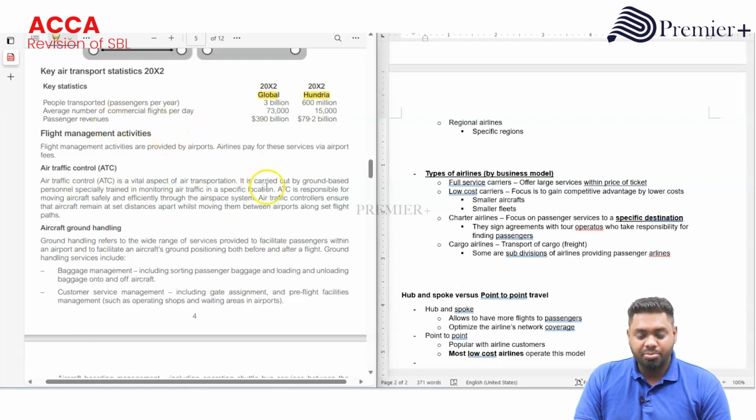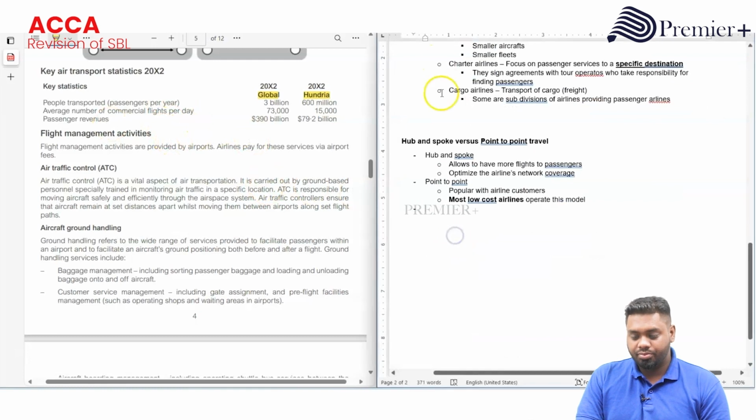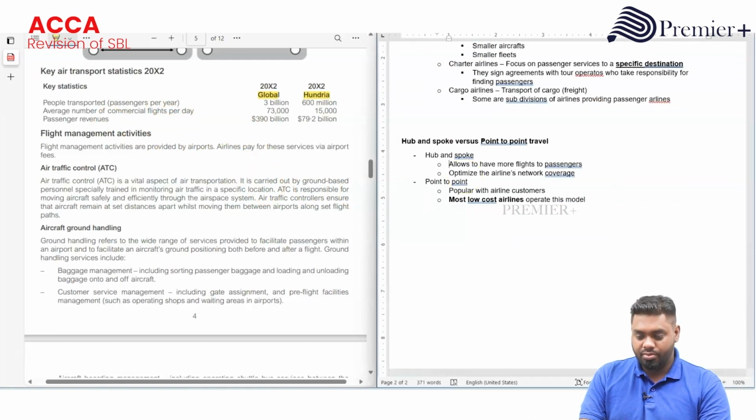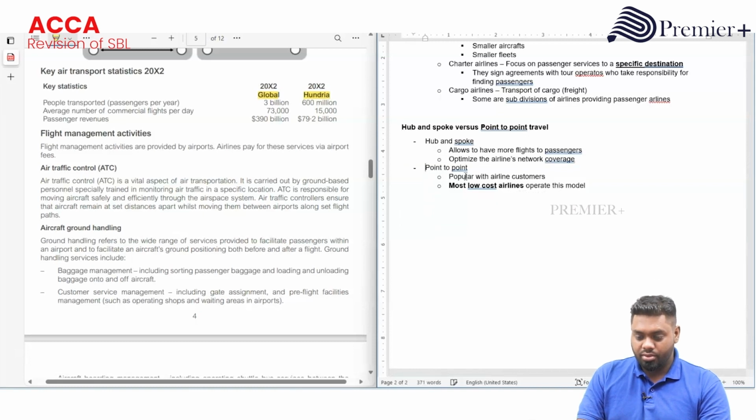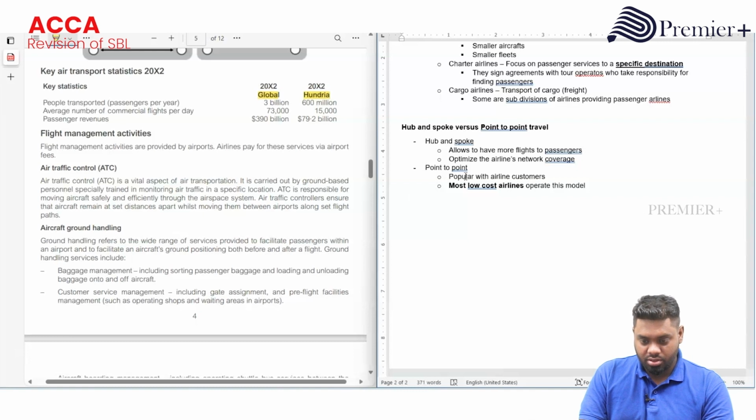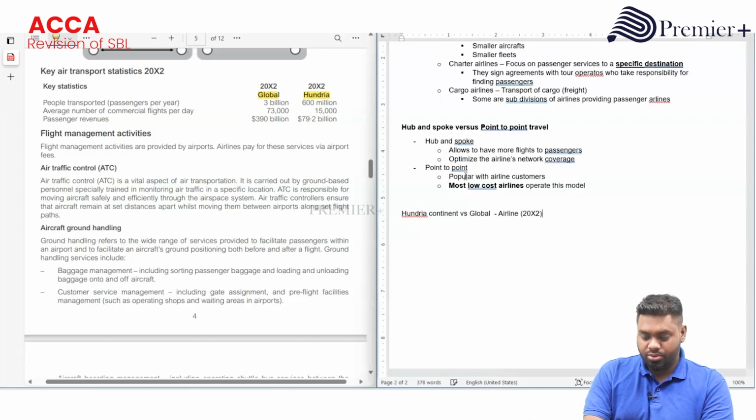Next, flight management activities. If you look at that particular aspect, Hungarian continent versus global airline statistics in 2022.